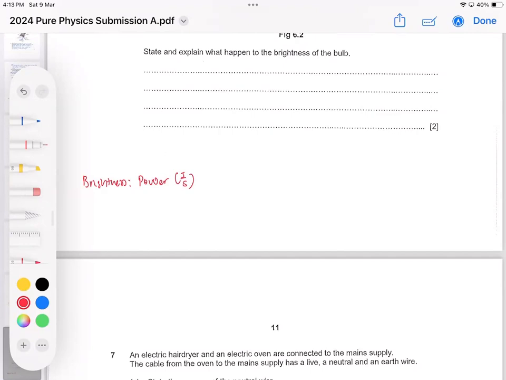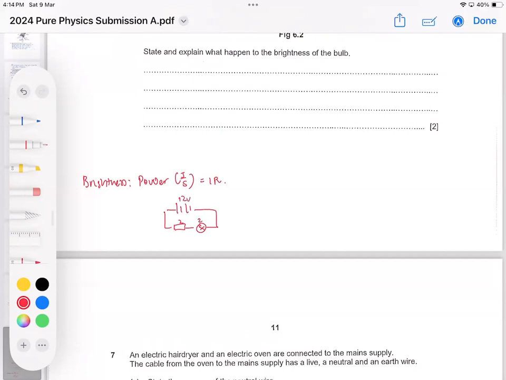Okay, for power calculation, we know it's I times R. So let's do a simple experiment here. Let's say this is a 2 ohm resistor with a 2 ohm light bulb. This is 12 volts.